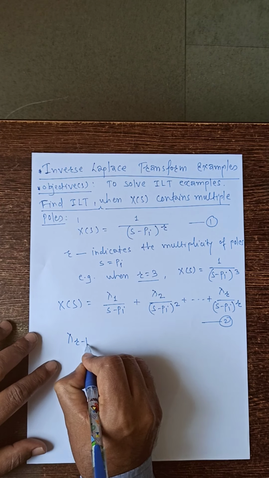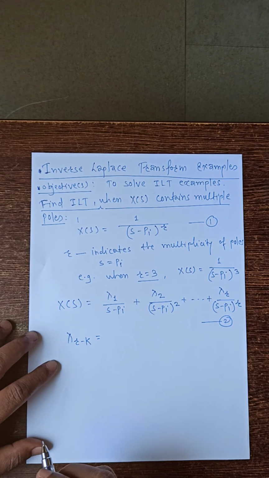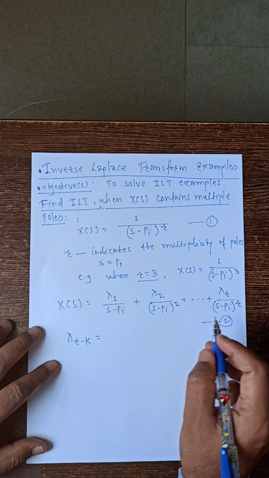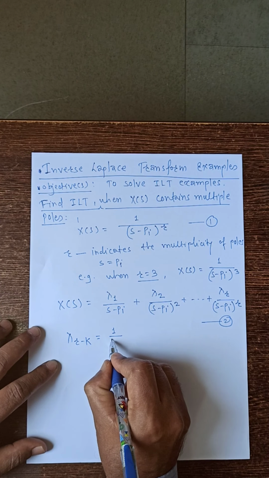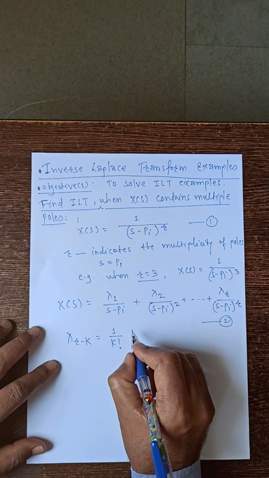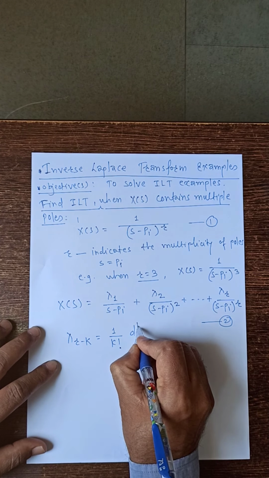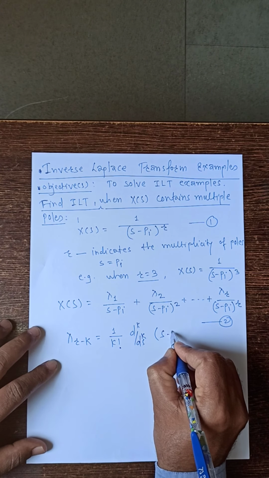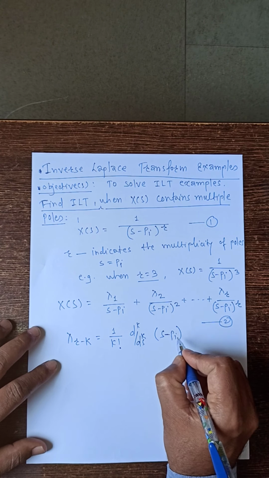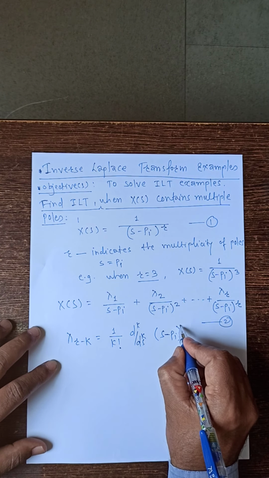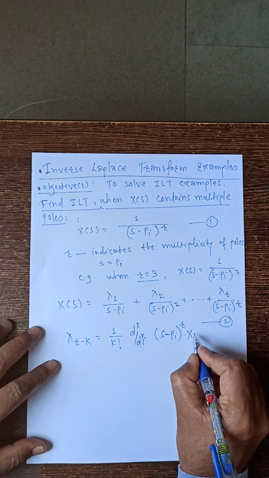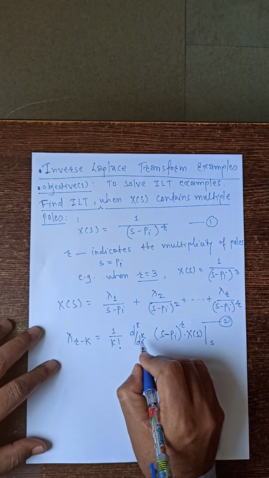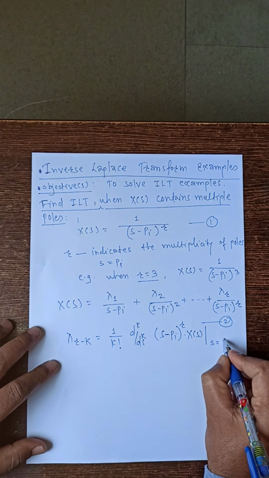Lambda (r minus k) equals 1 divided by k factorial, d to the k by ds to the k of (s minus pi), that is the pole location, raised to r, into X(s), and after solving this you have to put the value s equals pi.